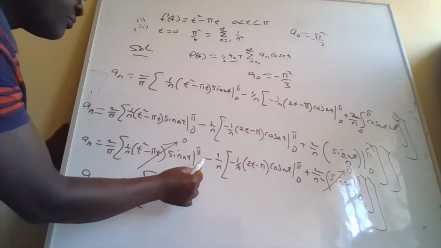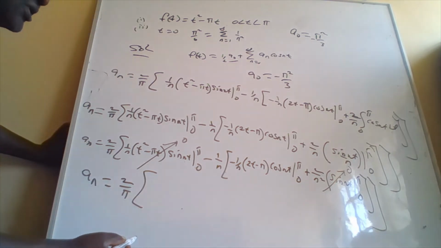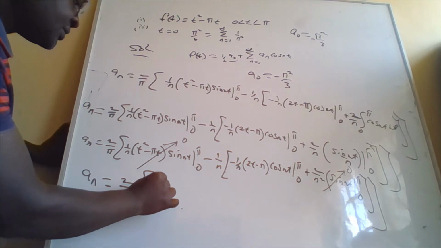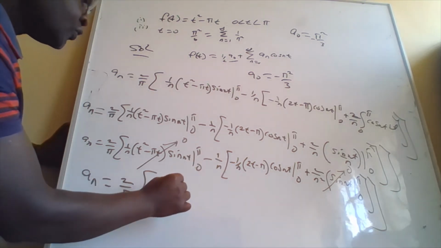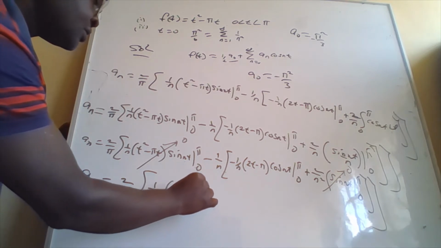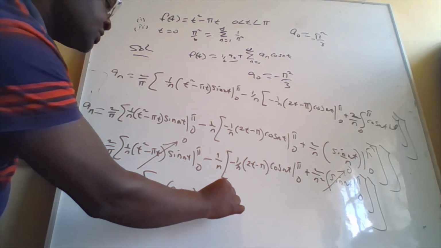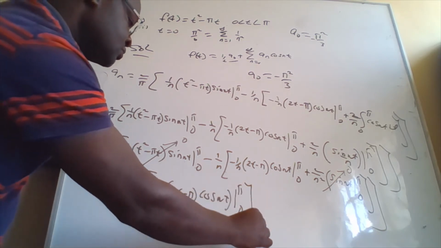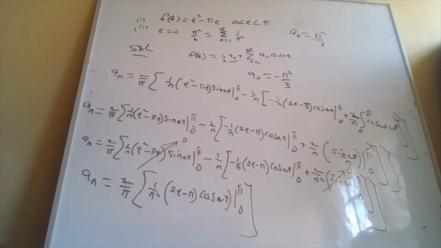So here we have minus, and the minus will be positive, so we remain there with 1 over n squared into 2t minus pi cos nt, like that.